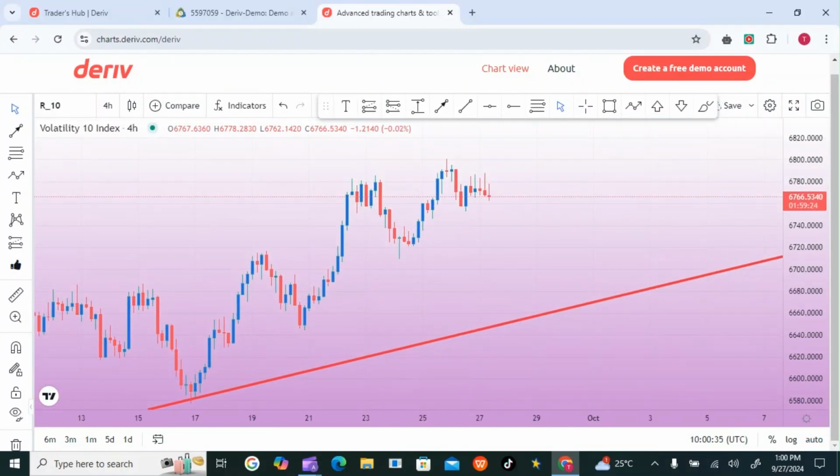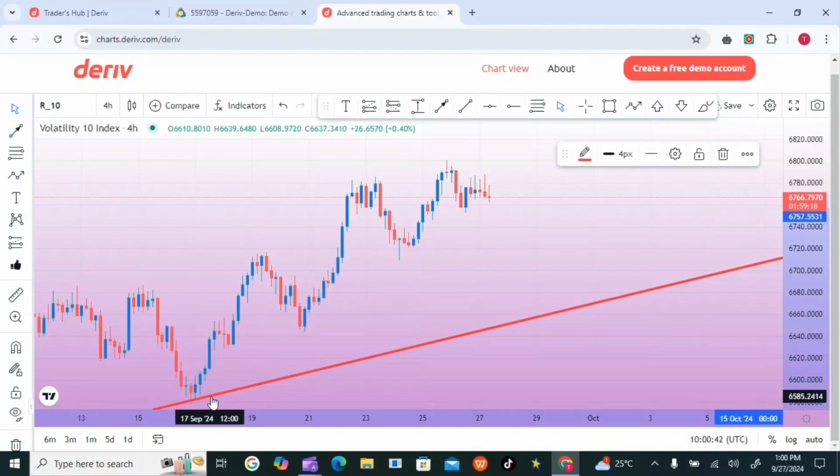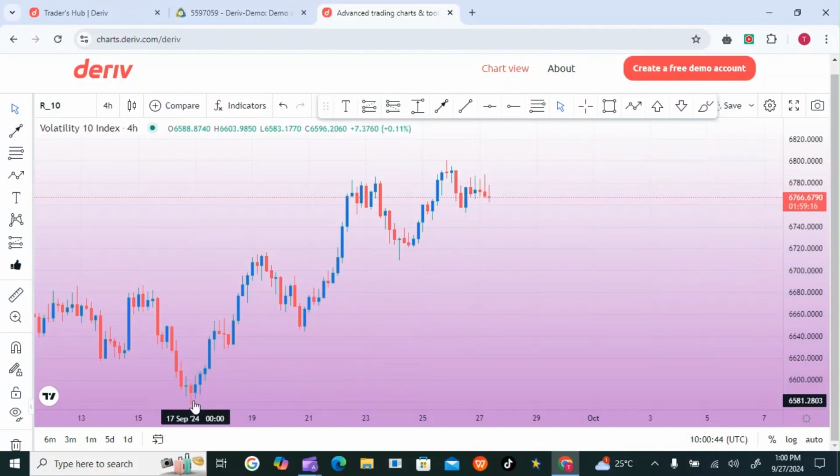We had a shoot there. You can see we had a massive higher high there, then created a higher low, then a higher high to the top side, then a higher low this side, and then the market has pushed up and broken the BOS, the break of structure here.